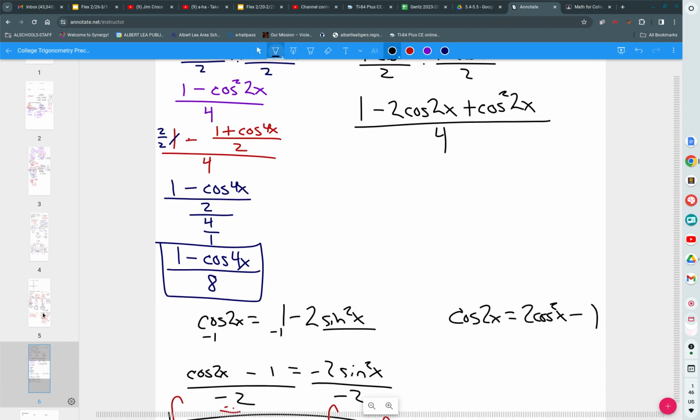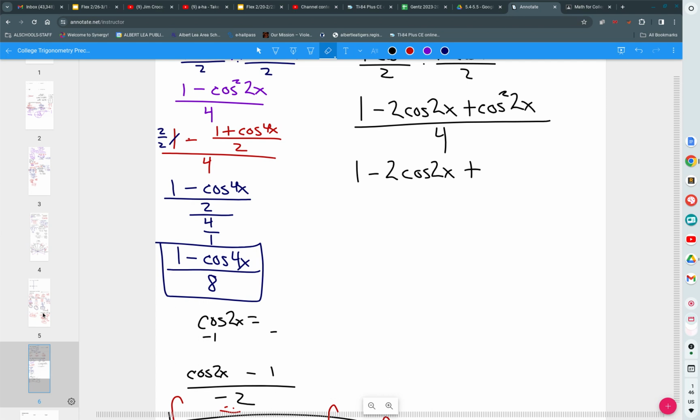Now we continue. We're going to make our substitution. Instead of cosine squared of 2x, do you remember what I put in the place of that? Yeah, you double that angle and you get 1 plus the cosine of 4x over 2, and that all sits over 4. I could give you a 3rd point for getting there.